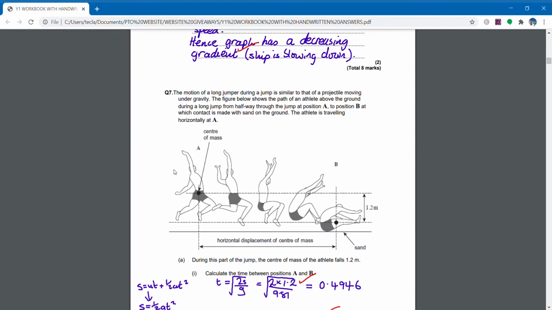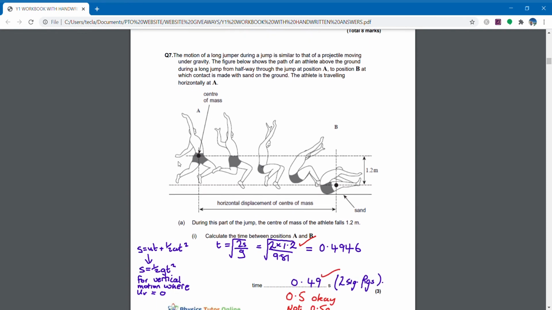Part 7, this is the motion of a long jumper, which is similar to that of a projectile. So we can be thinking about using our knowledge of projectile motion here, and equations of motion.